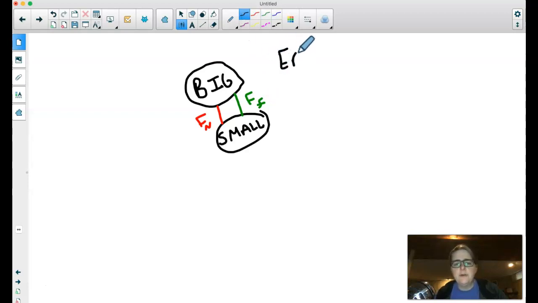There is also an interaction with the earth. So we have a force of gravity interaction with each of these.